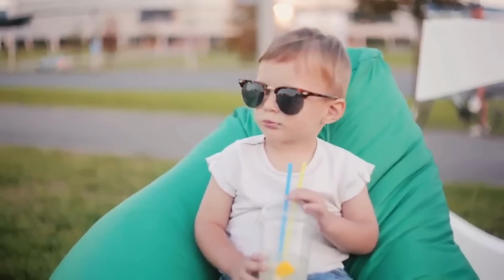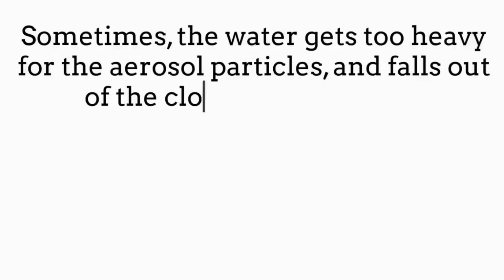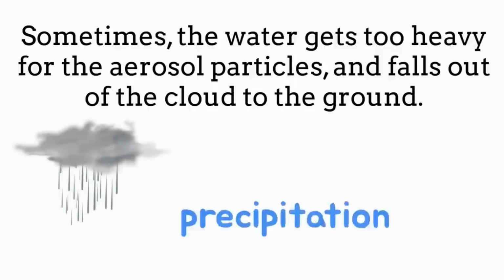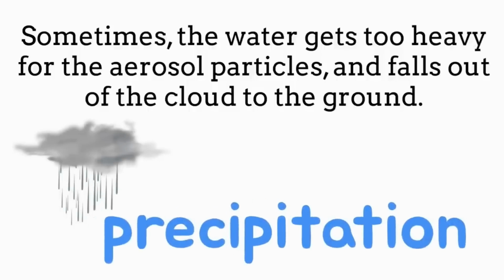This is nice. Now, sometimes the water gets too heavy for the aerosol particles and falls out of the cloud to the ground. That's called precipitation. Precipitation. Big word. Can you say that? Precipitation. Yeah. Precipitation is a big word that refers to any time water falls out of clouds to the ground.